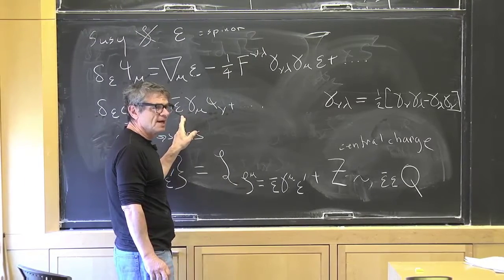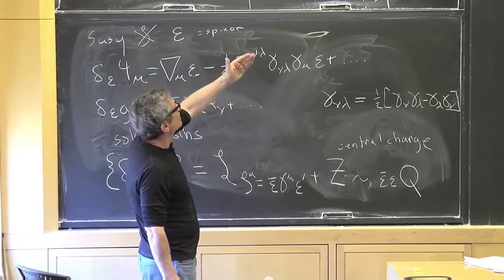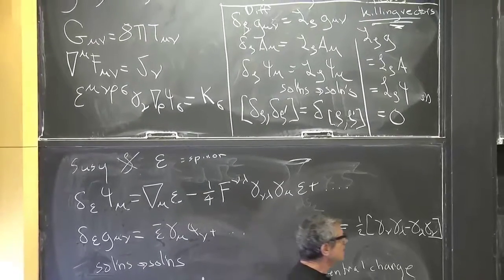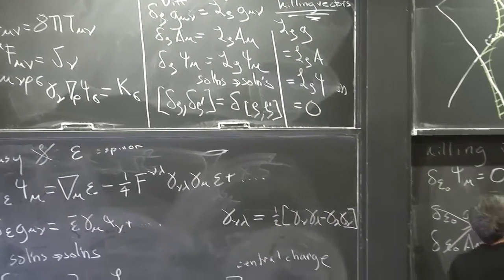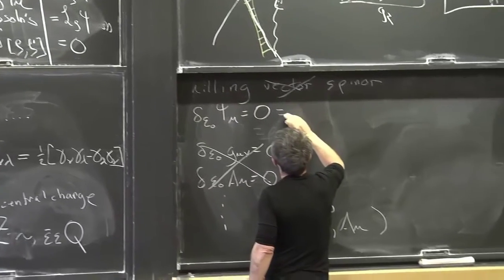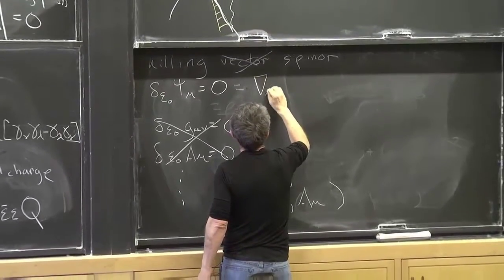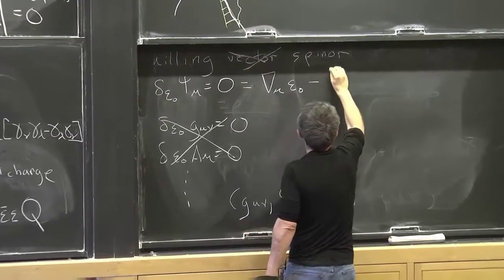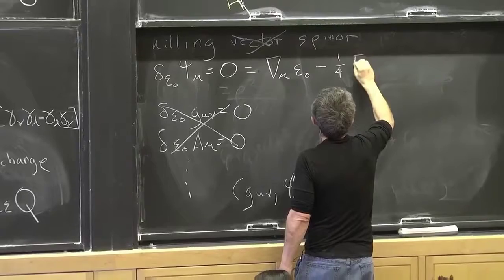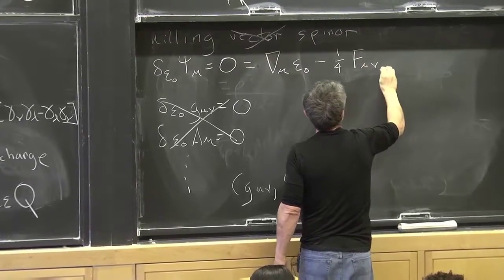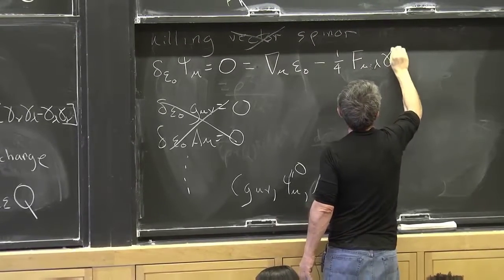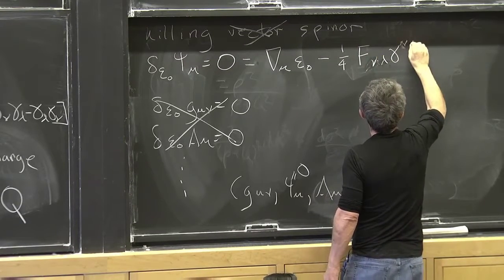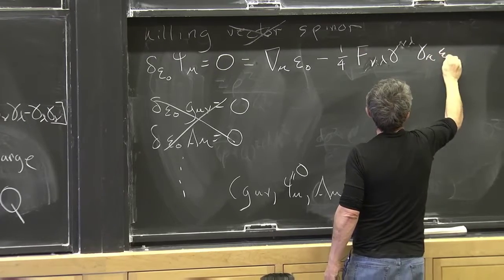We want a constraint on epsilon, which is the analog of the killing vector constraint on zeta. And so that entire constraint just comes from this, which is equal to D mu of epsilon naught minus a quarter F mu nu, F mu lambda, gamma mu lambda, gamma nu lambda, gamma mu epsilon.